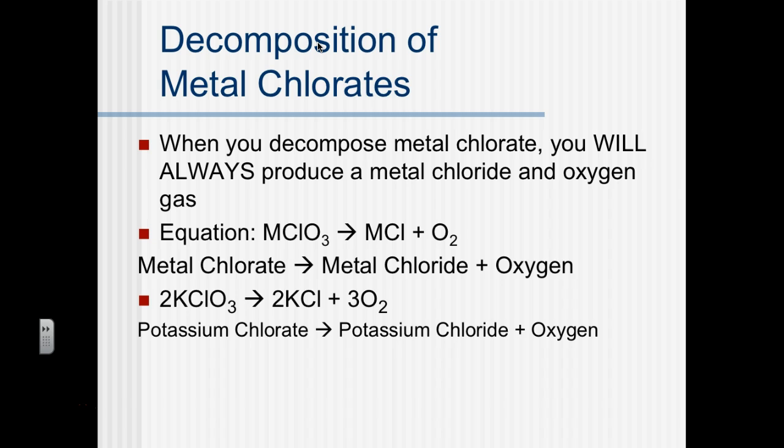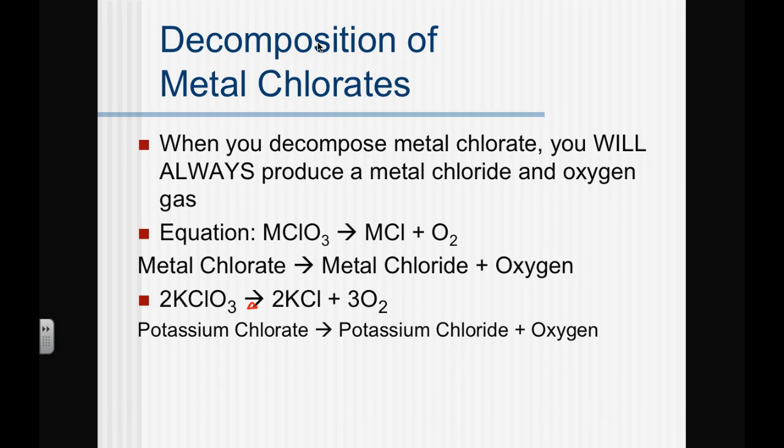Well, we put a little triangle underneath the arrow. That triangle means heat. So whenever you add heat, whenever you burn chemicals over a Bunsen burner or any kind of heat, even a hot plate, it could be anything, you have to put a triangle underneath the arrow.